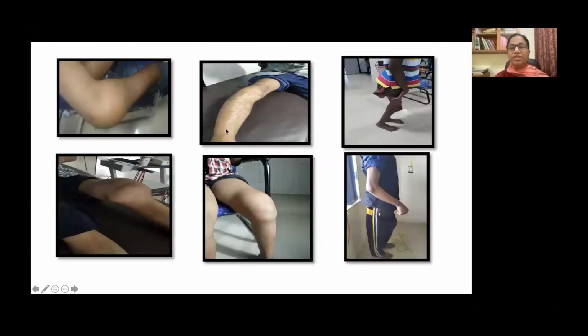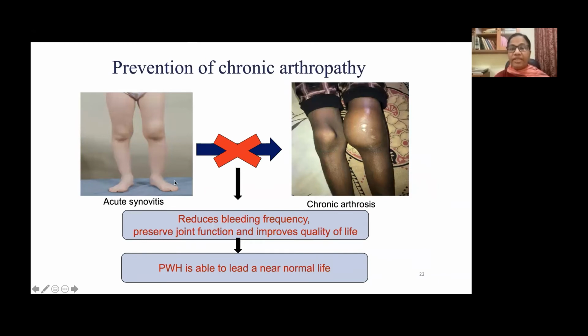These are a few pictures of chronic arthropathies in hemophilia affected children, and this pseudotumor formation is a dreaded complication where surgical management is also indicated. So how will you prevent this? Prevention is more important than management. Knee replacement is there, synovectomy is there.